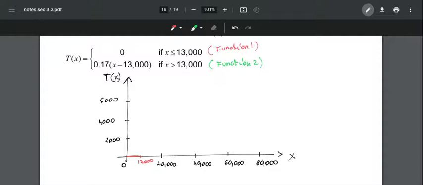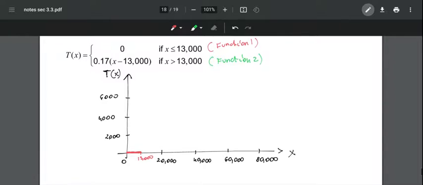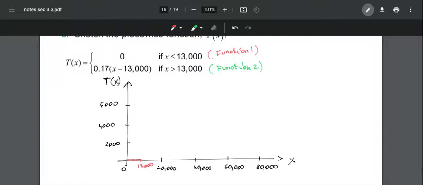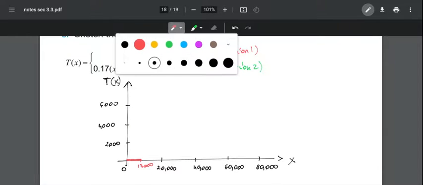For any x from 0 to 13,000, we pay 0 in taxes. That's why you see that constant function. Then the second piece will be the linear function, which is the money which we pay when we earn more than 13,000.